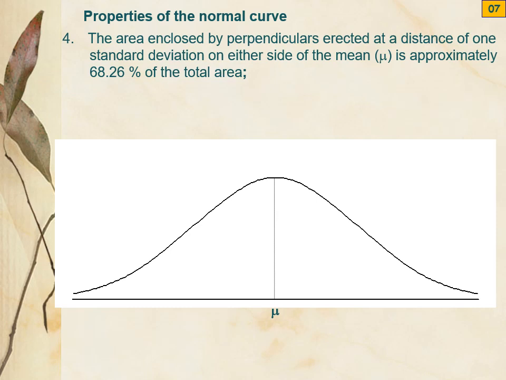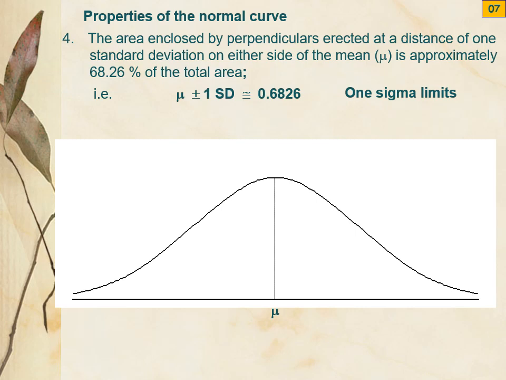What does it mean? Mu plus minus 1 SD. So this is the area out of 1; if you present it as a proportion, it is 0.6826. This is also known as the 1 sigma limit.